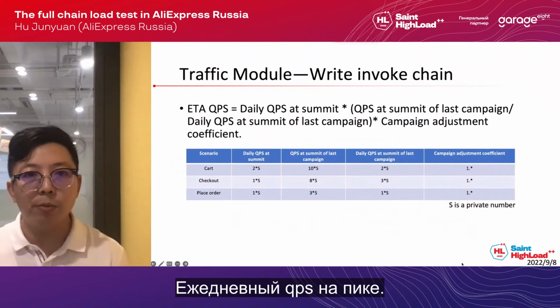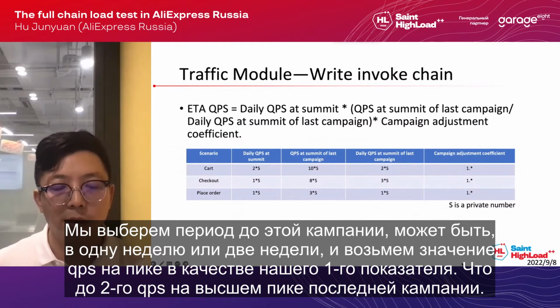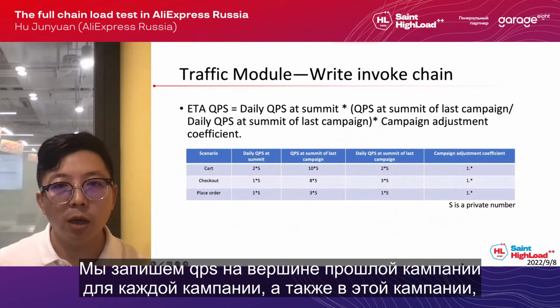For the daily QPS at summit, we select a period before this campaign, maybe 1 week or 2 weeks, and pick up the QPS at the summit value as our first indicator. The second, QPS at the summit of the last campaign: when we do the campaign takeaway, we record the QPS at the summit of the last campaign for every campaign.